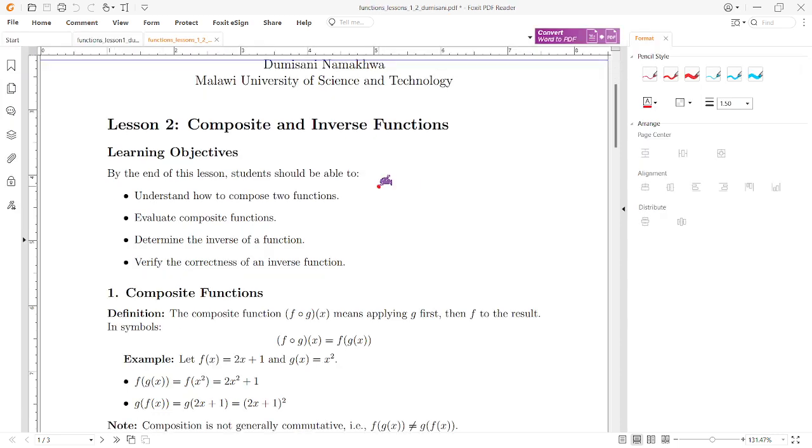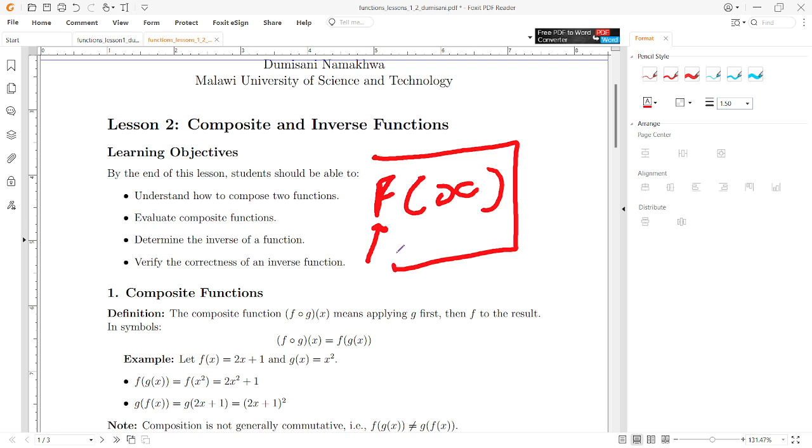So if we have a function, we define it as f of x, where f represents the function and f of x represents the output. The x is our input. So this is the function that we looked at last time, basically the definition of a function.